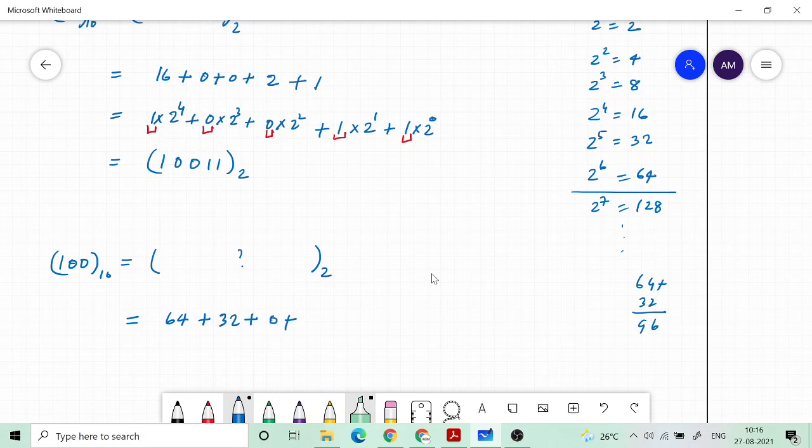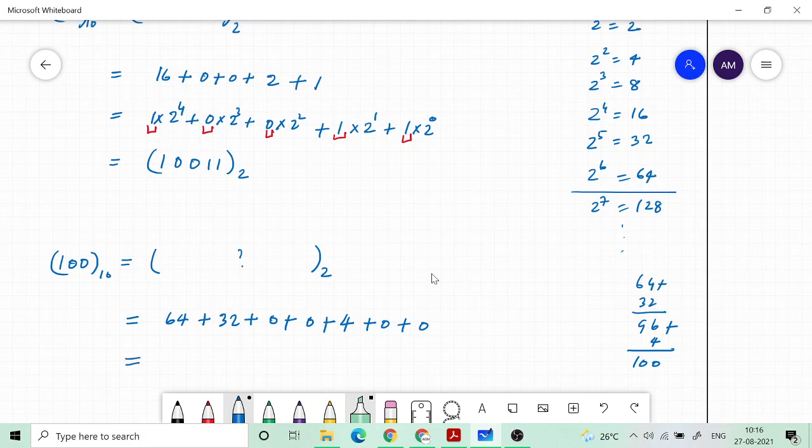I cannot add even 8, so again 0. Can I add 4? Yes, I can add 4, and I got the required 100 now, because 96 plus 4 is exactly 100. And then I don't need 2, I don't need 1 also.